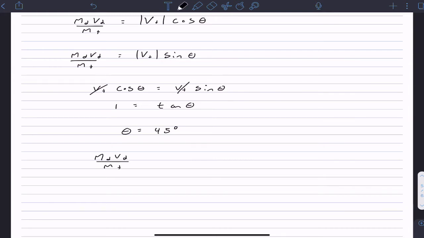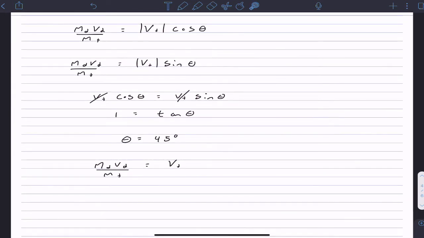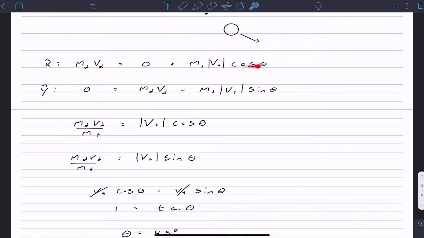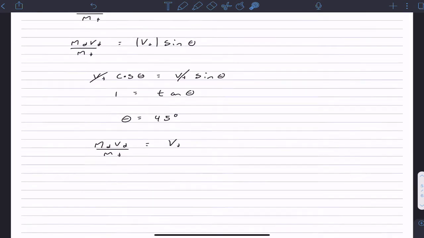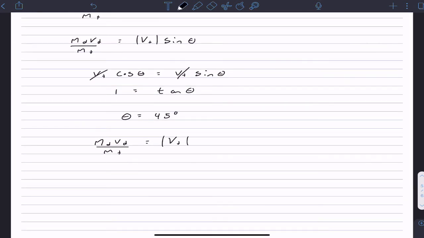I'm just using the x momentum equation from before to solve for the speed. Cosine of 45 degrees is square root of 2 over 2, that's 1 over square root of 2.